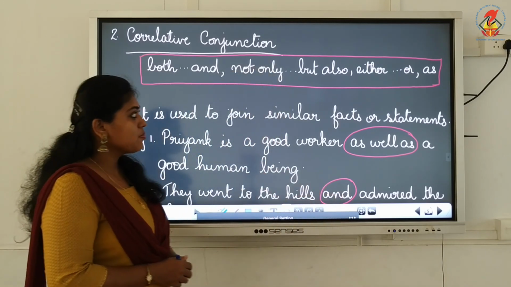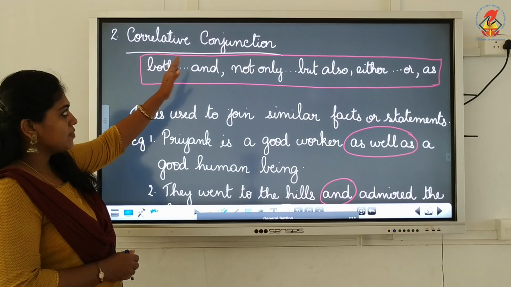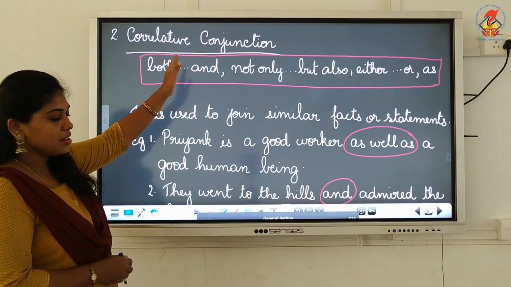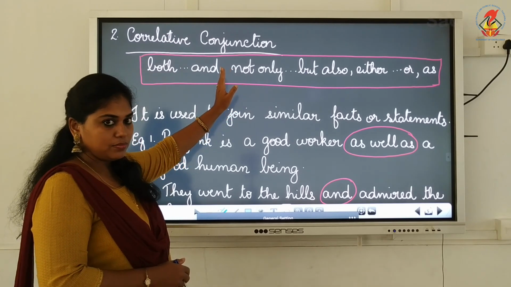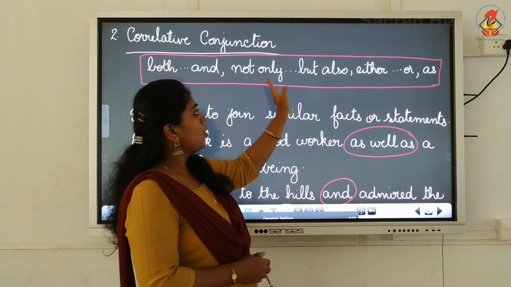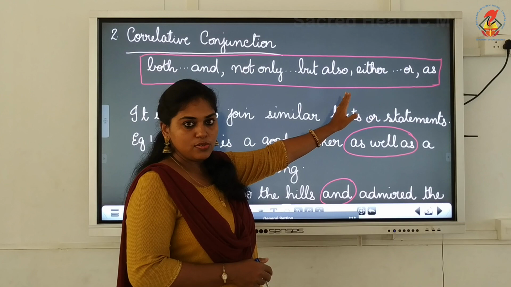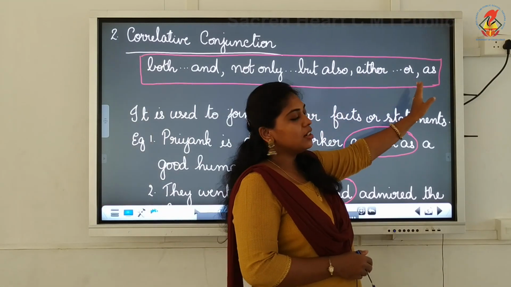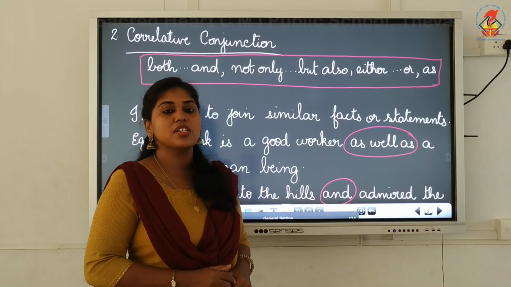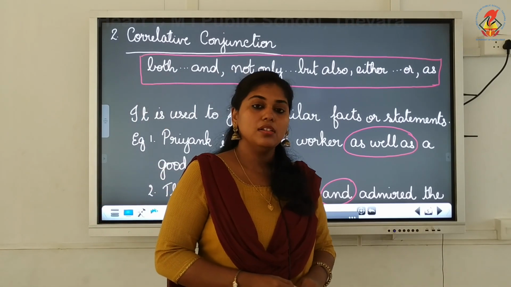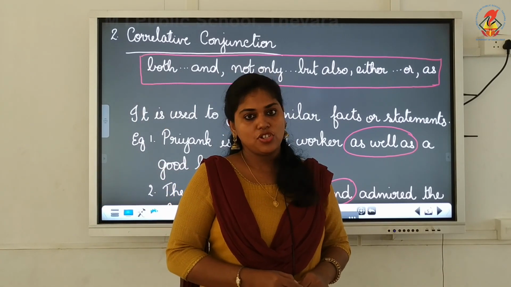Now the words which come under correlative conjunctions are both and, not only but also, either or, as. These are some of the conjunctions which will come under correlative conjunction.